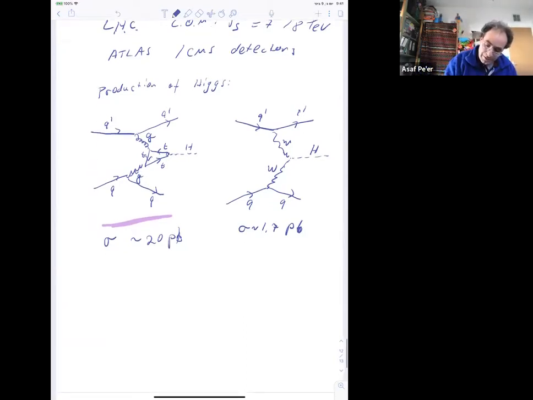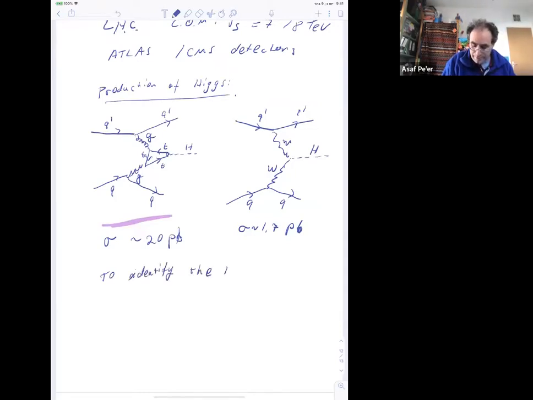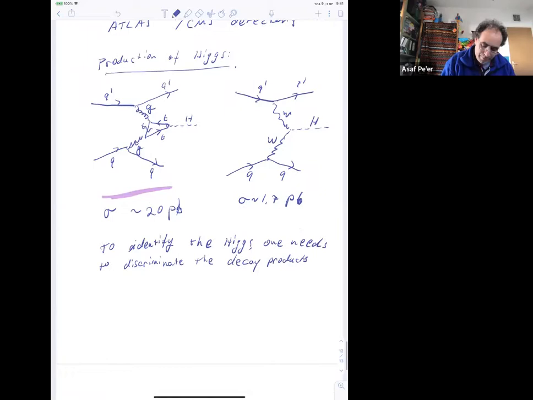So to detect or identify the Higgs, one needs to discriminate the decay products of the Higgs from the background.